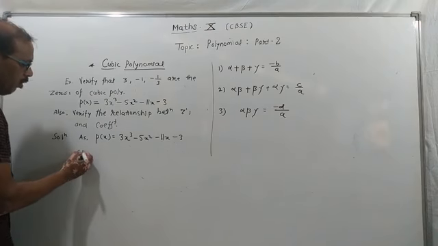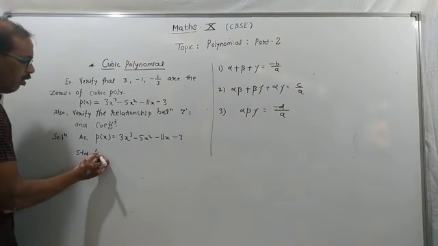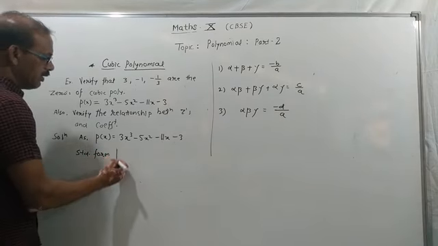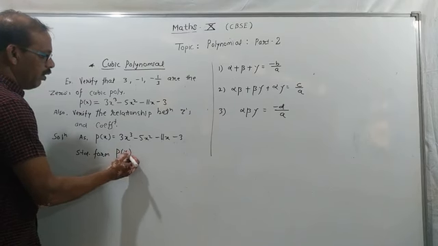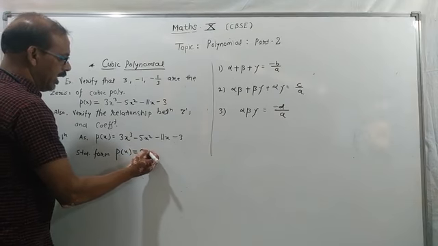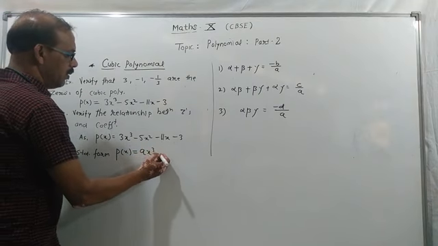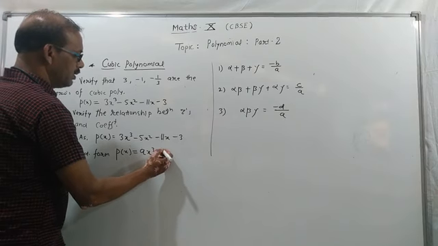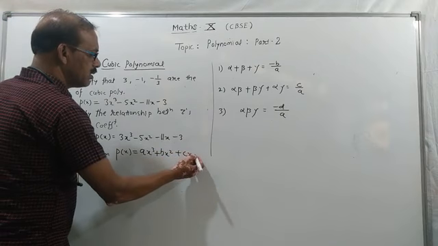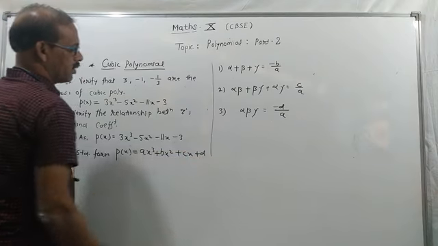The standard form of cubic polynomial is given by p of x is equal to ax cube plus bx square plus cx plus d.